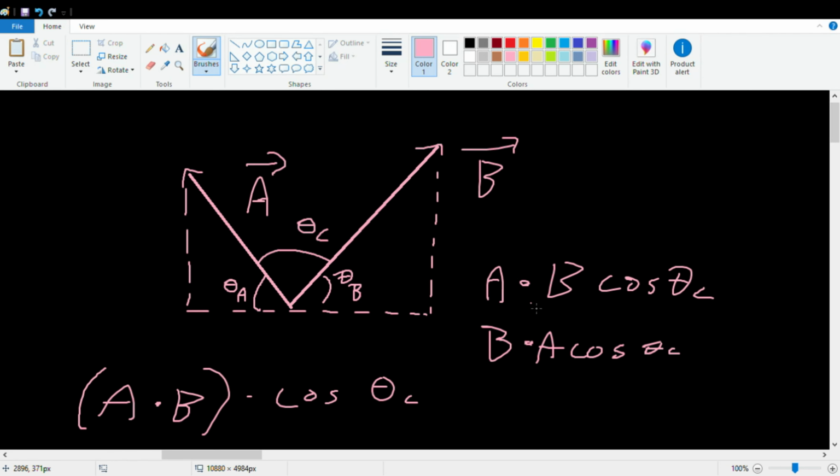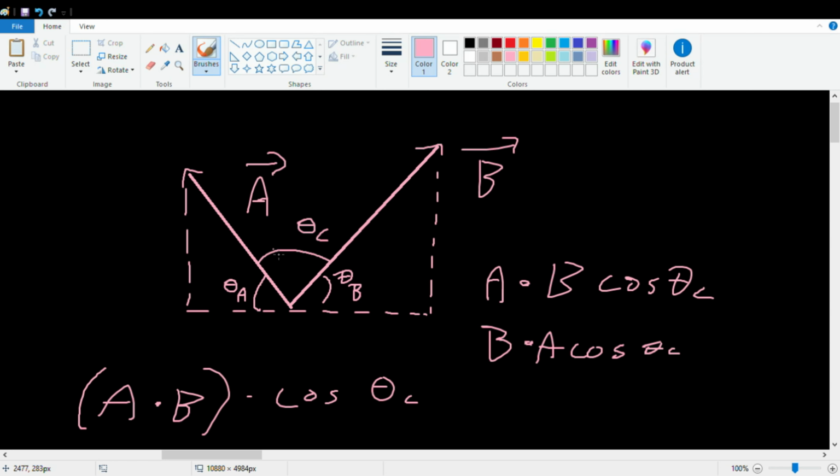The reason for this is because we're multiplying all of a by the horizontal component of b, and this would be multiplying all of b to the whole horizontal component of vector a. But really we want to multiply the whole of vector a, the whole of vector b, times this angle right here.